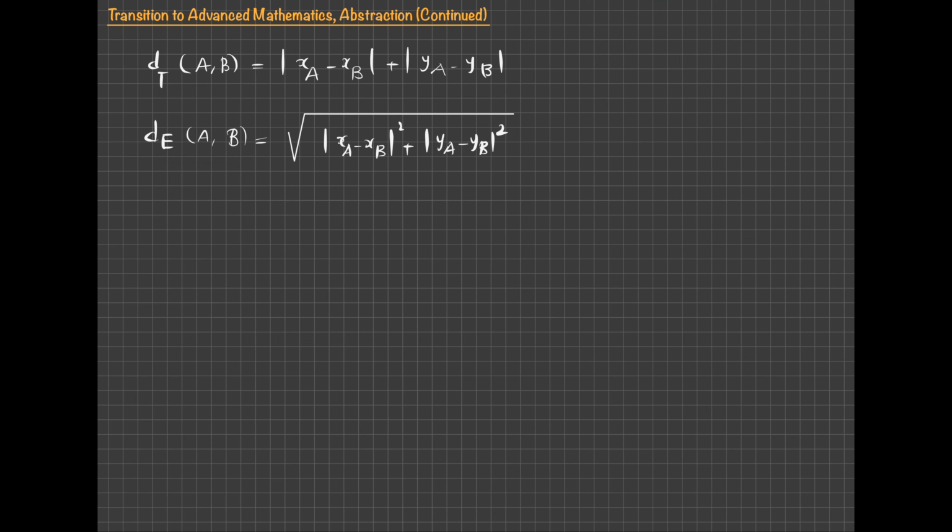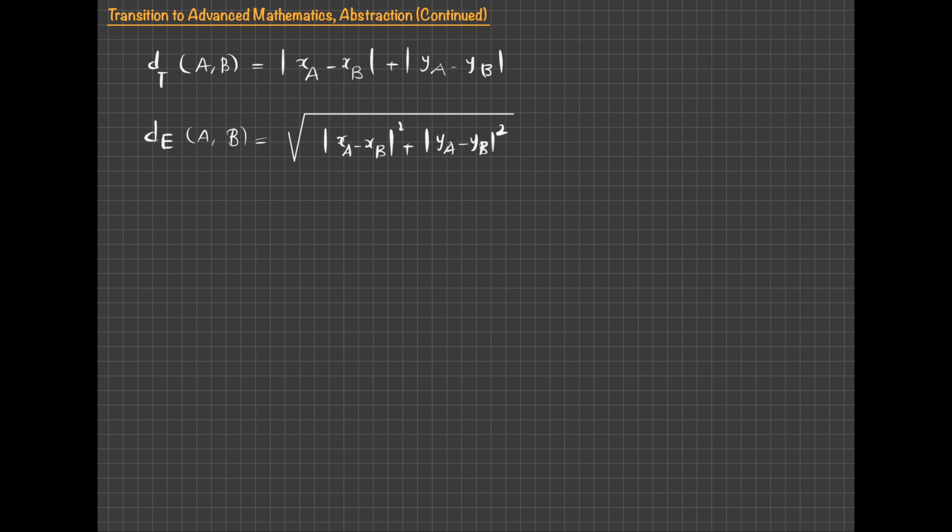A mathematician probably asks himself: is it possible that I can find a formula with some parameter in it, so that by changing the parameter into one value, I generate the taxicab metric, and if I change that to another value, I generate the Euclidean metric?